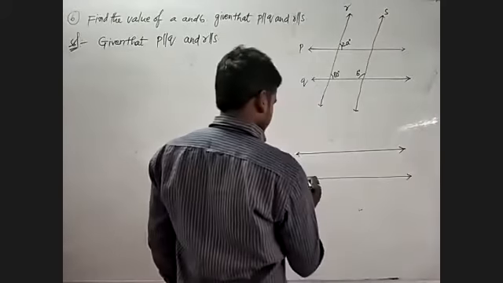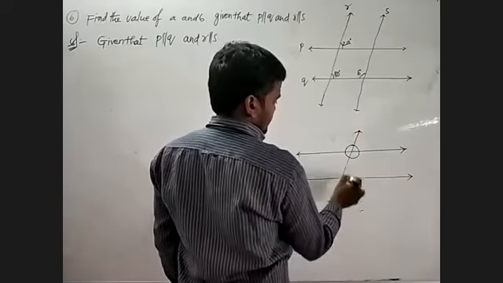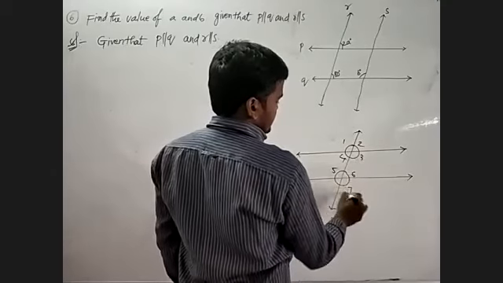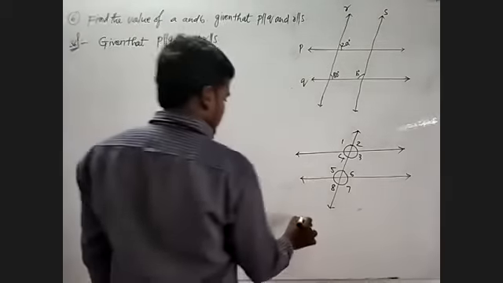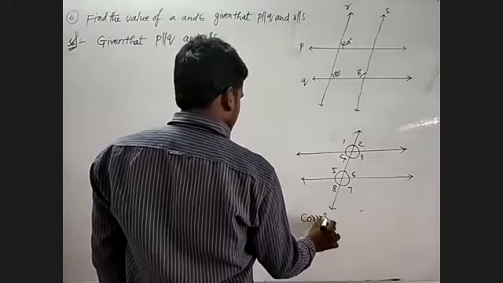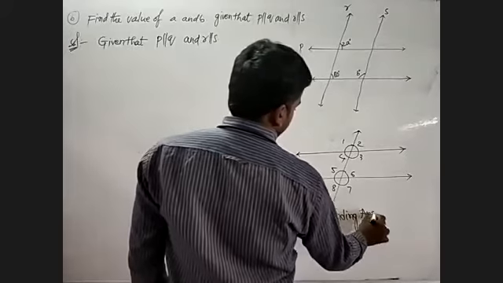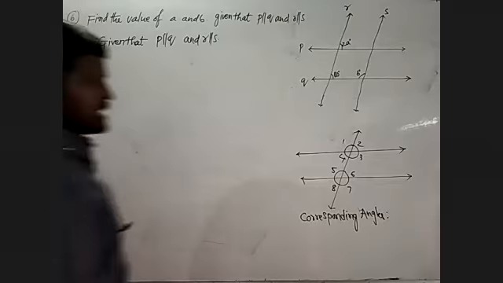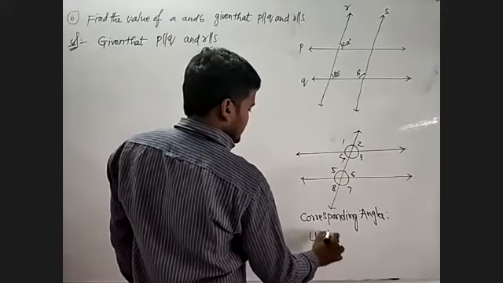Angles one, two, three, four. After that, five, six, seven, and eight. What are the corresponding angles in this figure? Angle 1 is equal to 5.